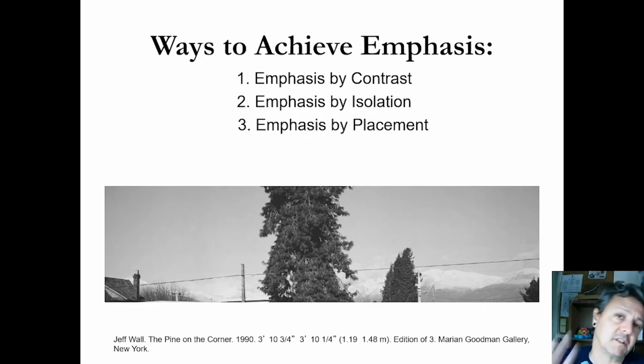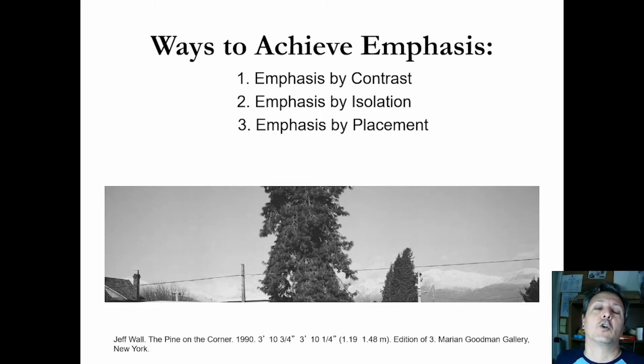We have 4 different kinds of emphasis. The 4th one is not listed. It's basically emphasis on the whole. That's where you have something that is so scattered, like confetti, so evenly scattered that there is no one heavy area. You don't have asymmetry.